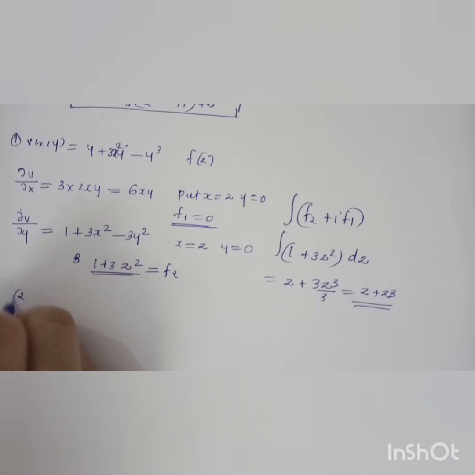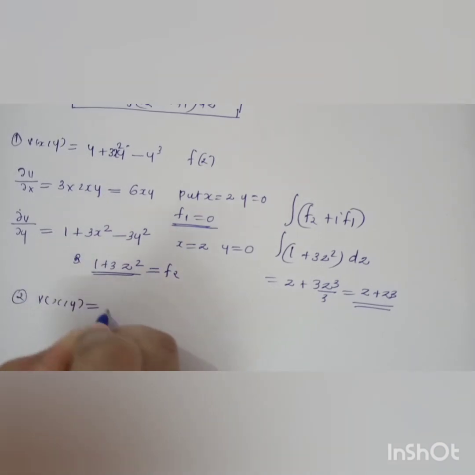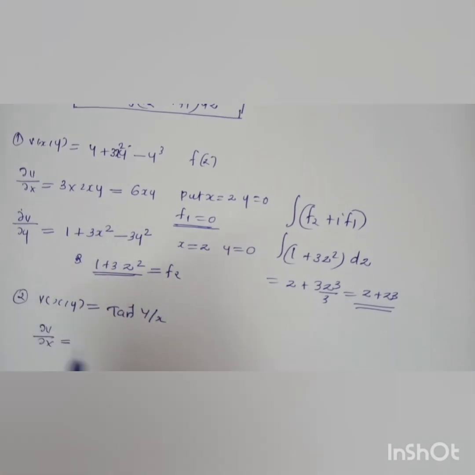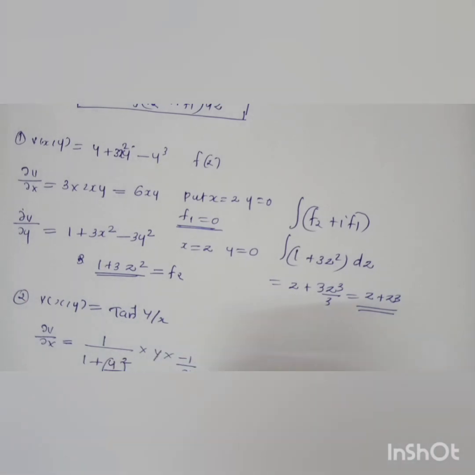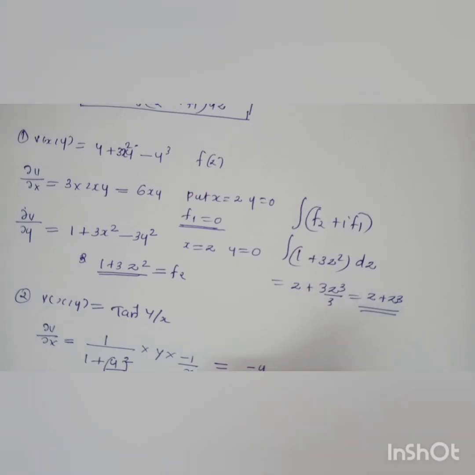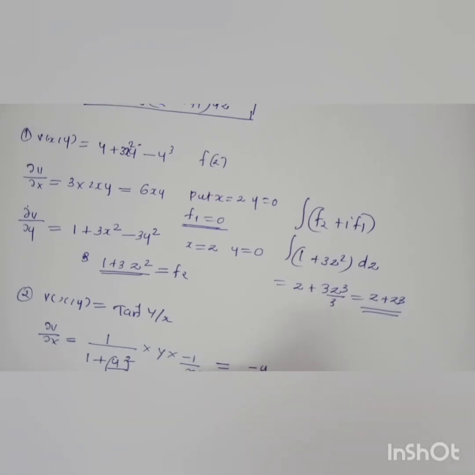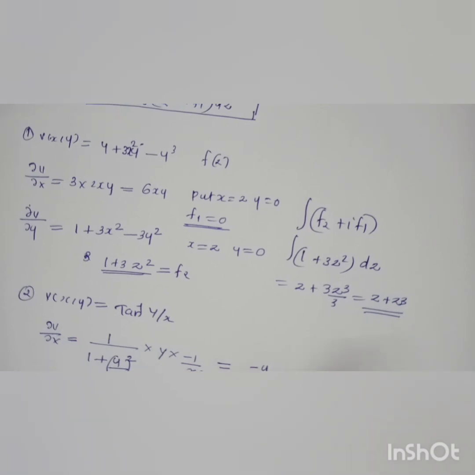Next, v of x comma y is given as tan inverse y by x. So we have to find dou v by dou x. We know the derivative of tan inverse is 1 divided by 1 plus the square, so here it is y by x whole square, and the derivative of y by x with respect to x is minus y by x square.